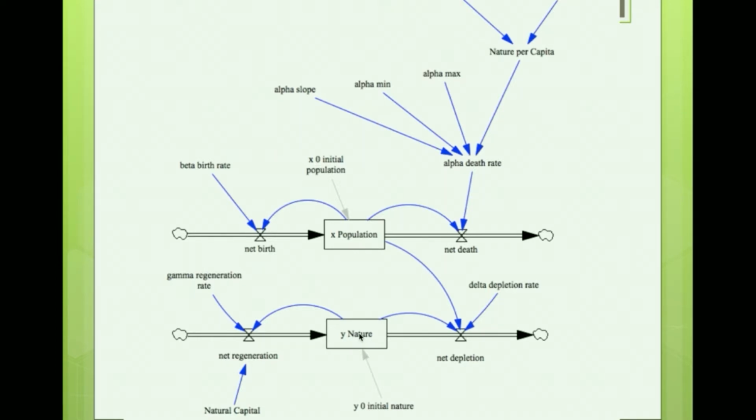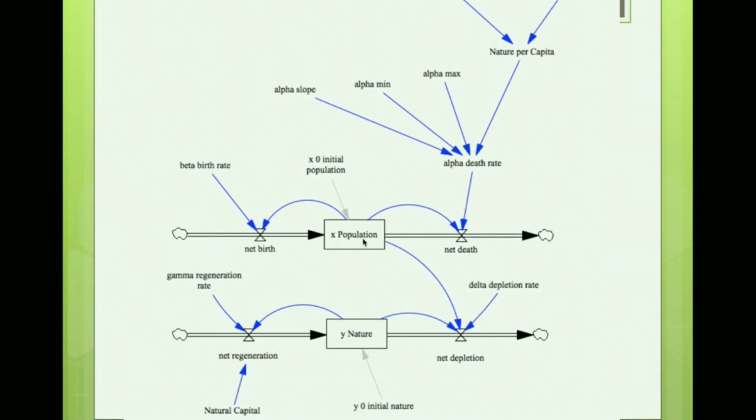Nature, on the other hand, can get regenerated because vegetation reproduces and other resources get replenished. But that is limited by an upper bound, which is natural capital. So nature gets regenerated, nature gets depleted by the population, and that's where the feedback comes in.